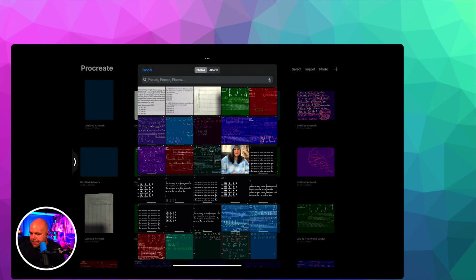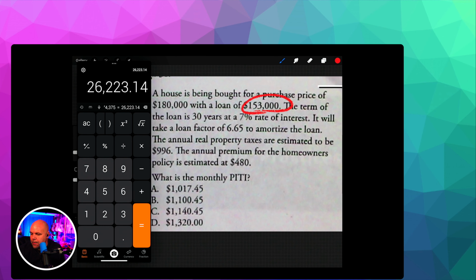There we go. That's what I was trying to do. Okay. So we've used the loan amount of 153. We divide that by 1,000 to get 153.